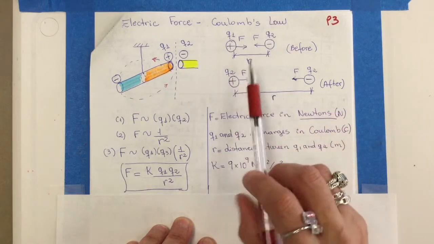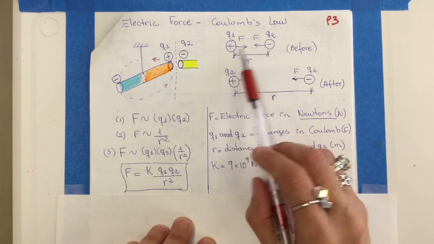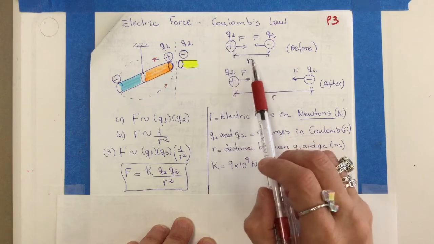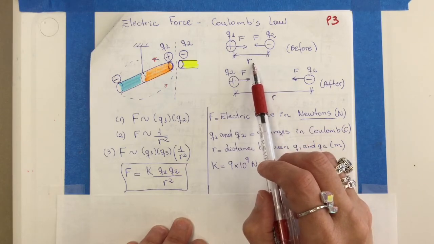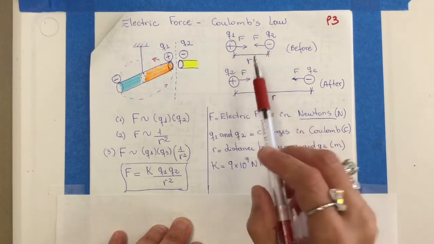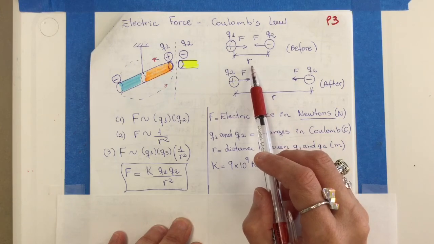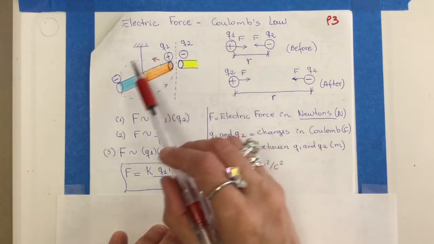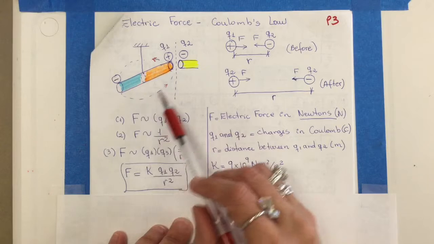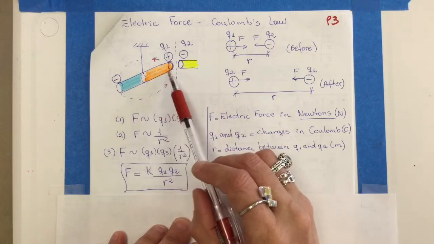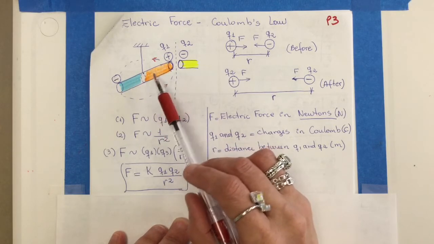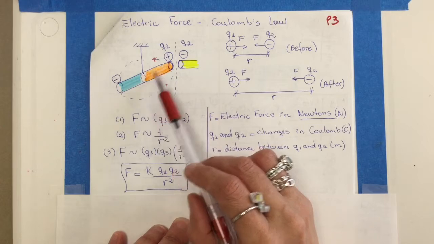Let's say that these two charges are away from each other with a distance of r. R was probably chosen as the symbol for distance because of the radial distance.